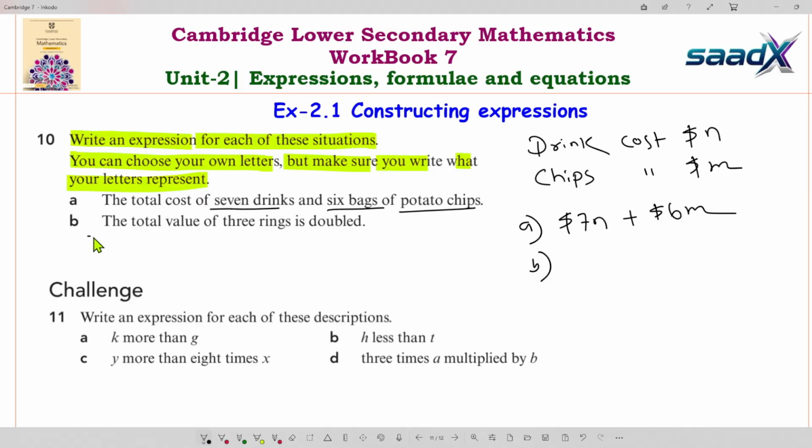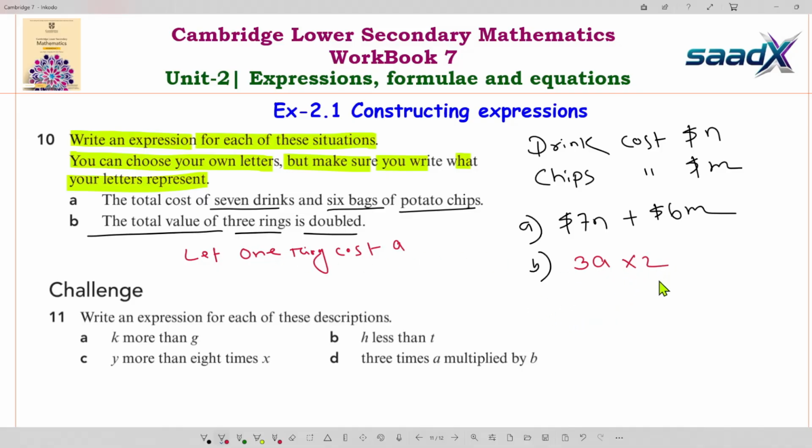Number B: the total value of 3 rings is double. First of all, here is 3 rings. Suppose one ring costs A. The total value of 3 rings is double, so 3 rings should be 3A, and double means times 2.